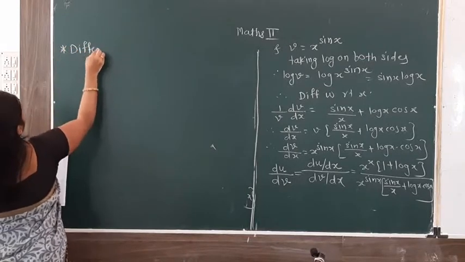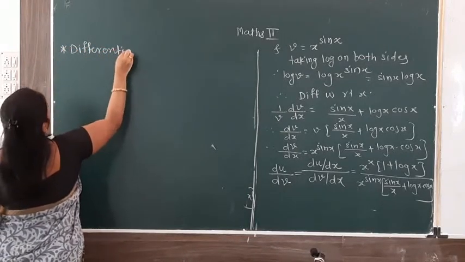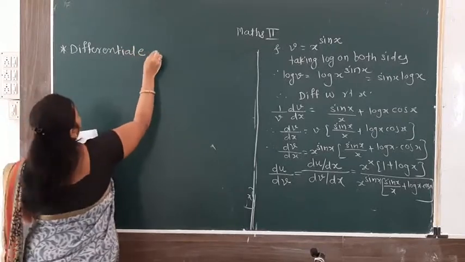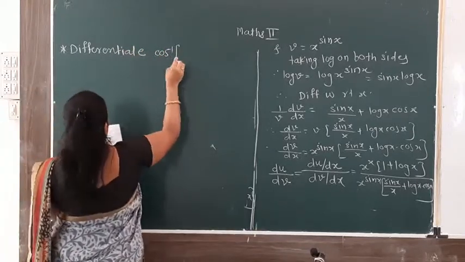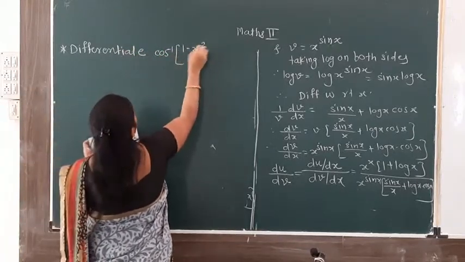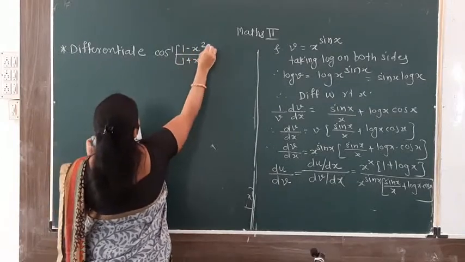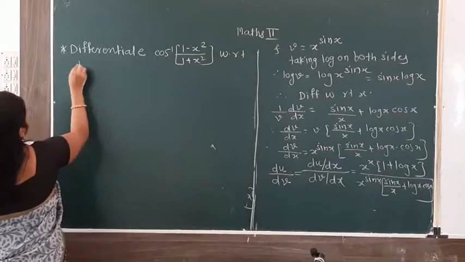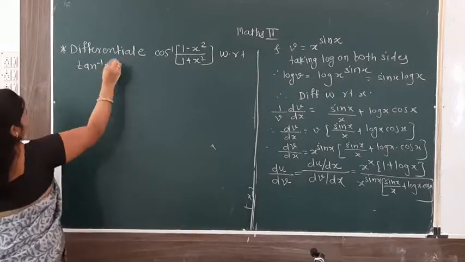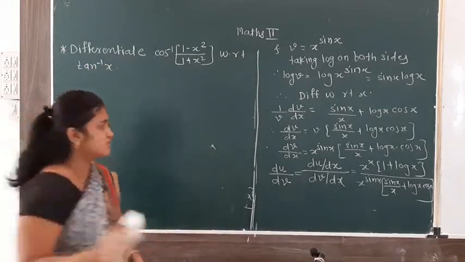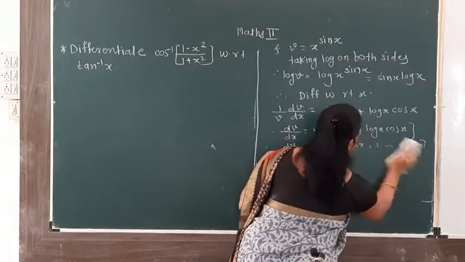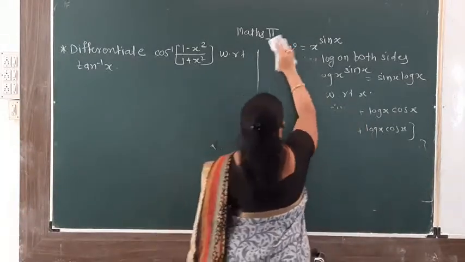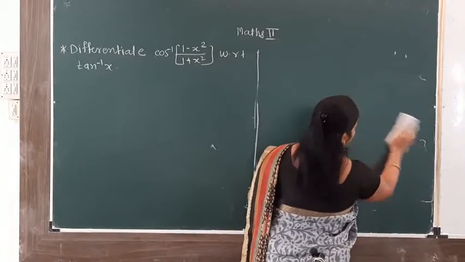Last example: differentiate cos inverse of (1 minus x square divided by 1 plus x square) with respect to tan inverse of x. Here one function is differentiated with respect to another function.